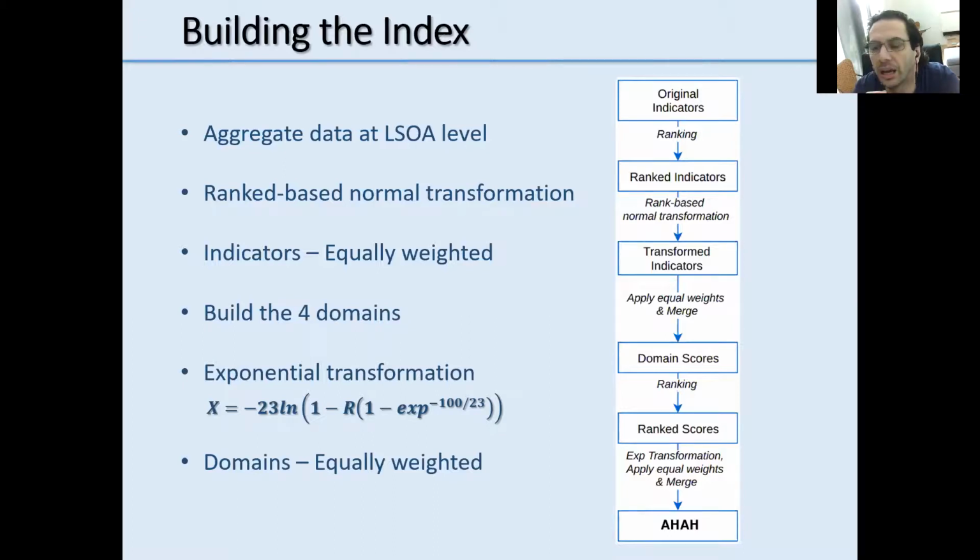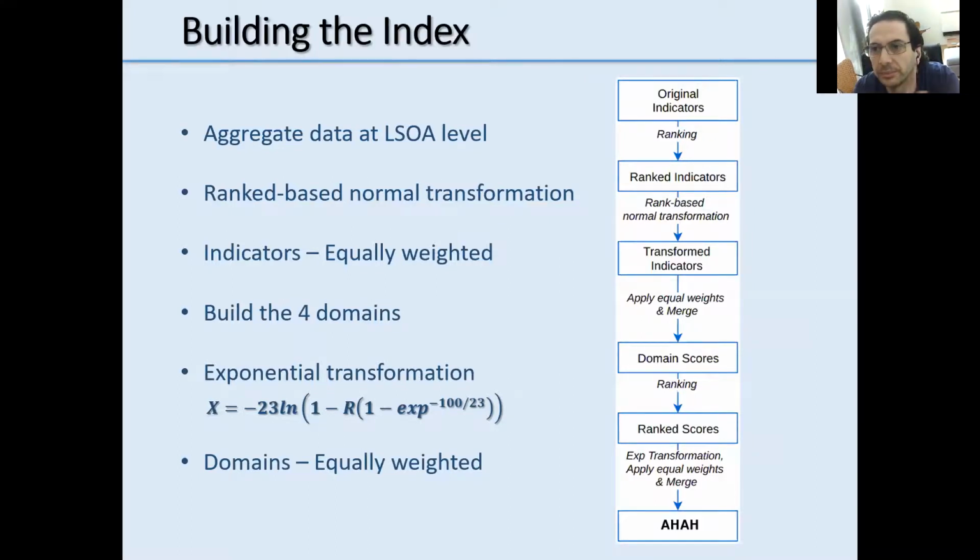And it's not something new. That's something that we borrowed from the IMD, and it's well explained in the IMD why there is a need for that. And we found that yes, it is really important to apply the exponential transformation to avoid this type of cancellation. And it works very well.